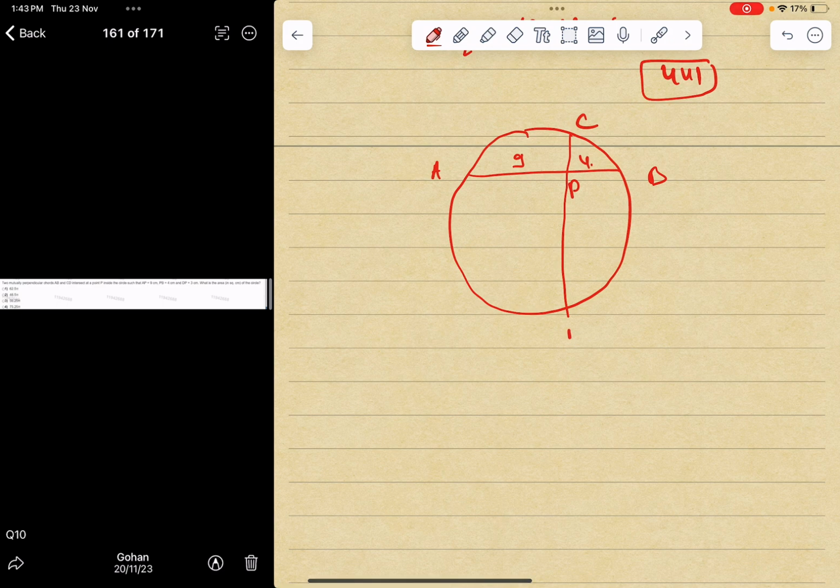Where is D? As expected, the figure did vary. So let us write D over here and C over here.